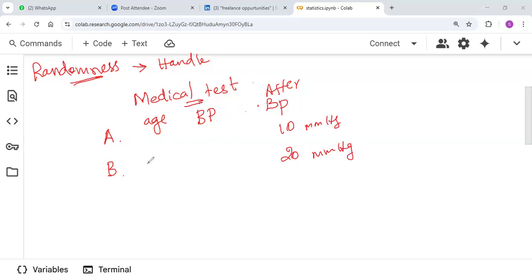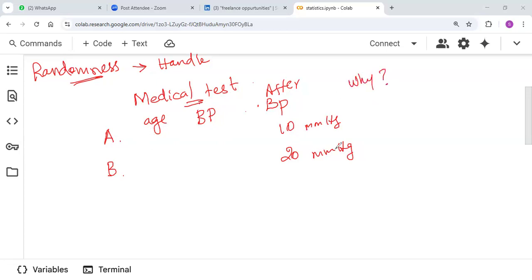Both followed the same treatment. Both belong to the same category, with a similar age group and a similar BP before the medical test, but after the test, it shows different variations. But why does this occur?